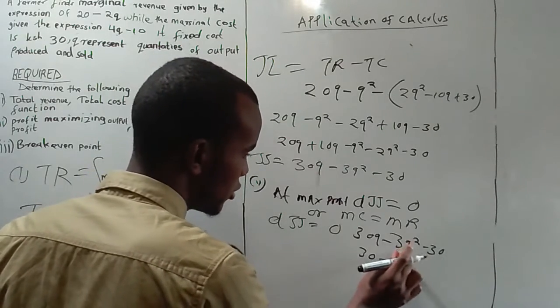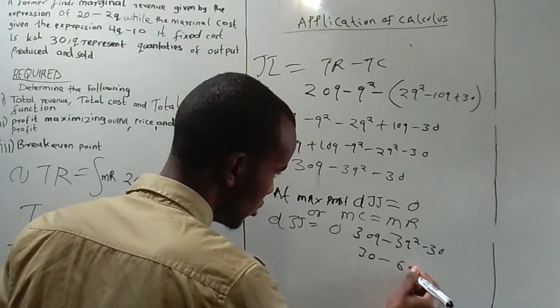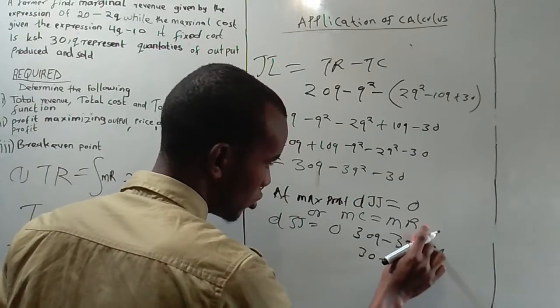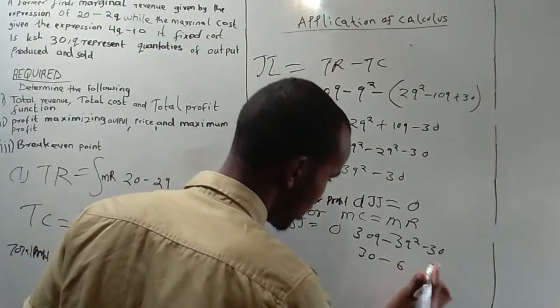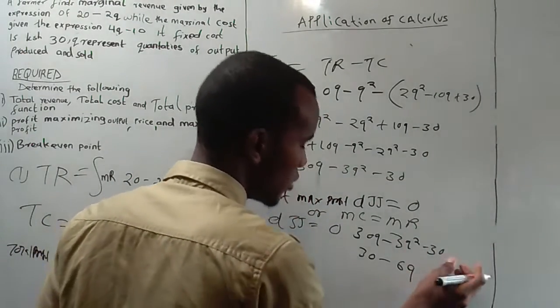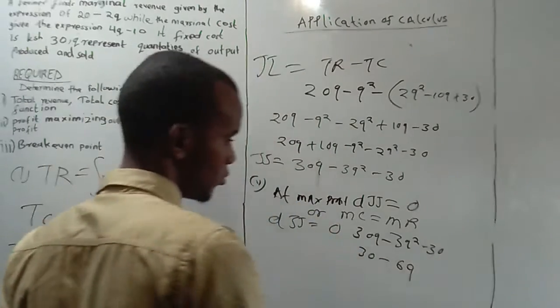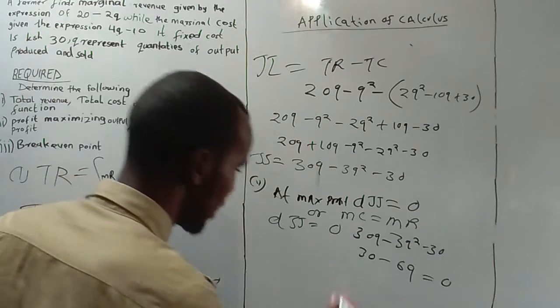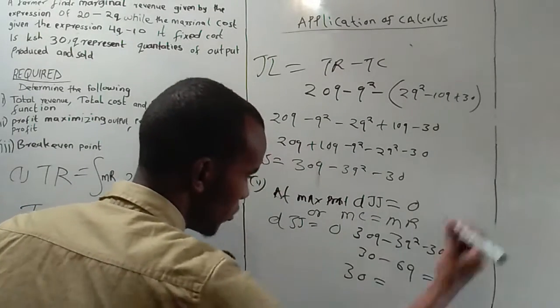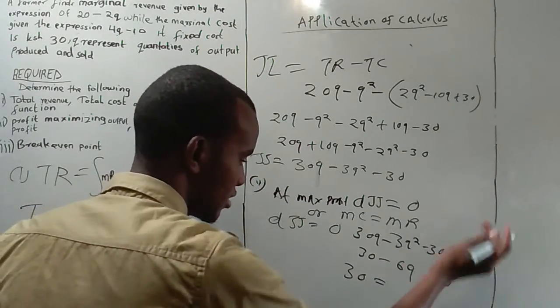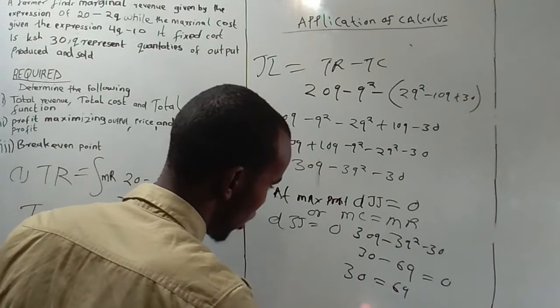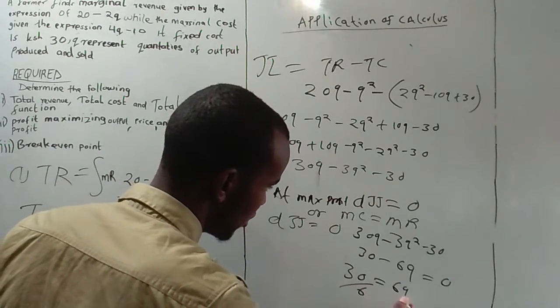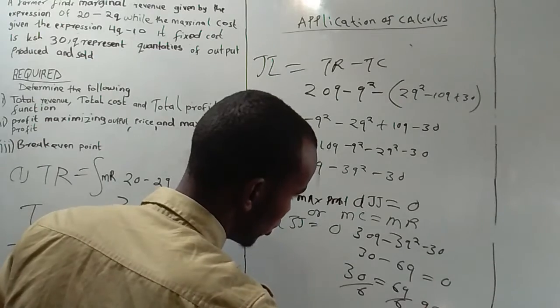Minus 3 times 2 is 6, q to the power 2 minus 1, so we remain with 6q. Whenever we differentiate, the constant is 0. So it's equal to 0: 30 minus 6q. So 30 is equal to 6q. To get q, we divide by 6. So q is equal to 5.